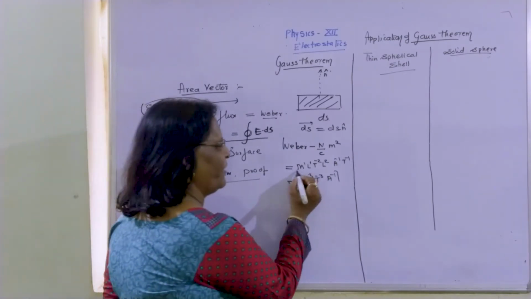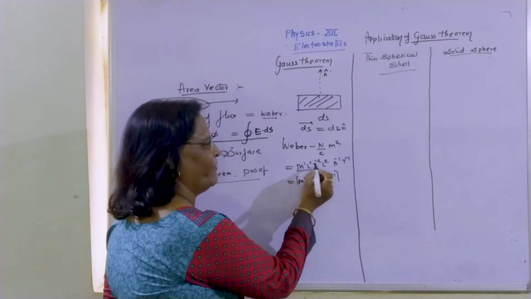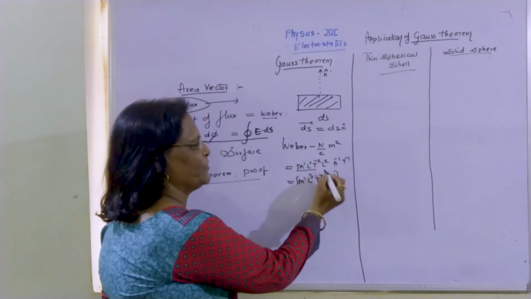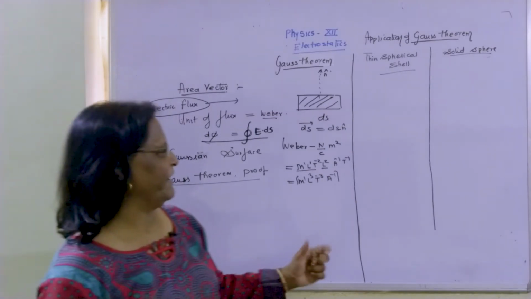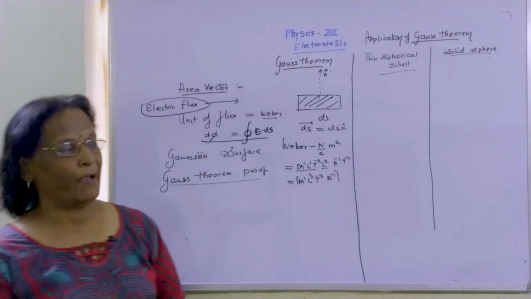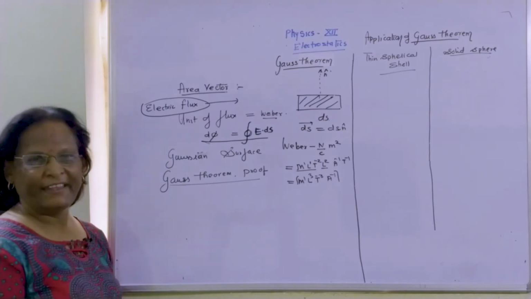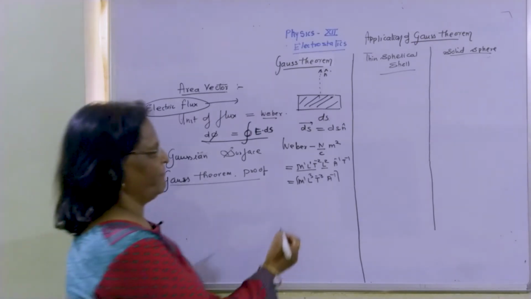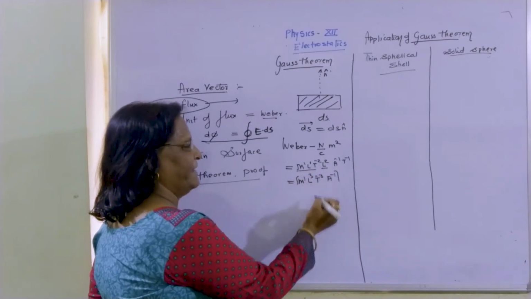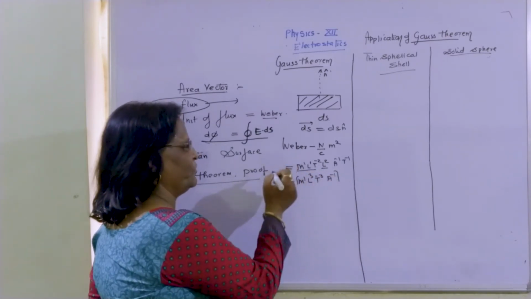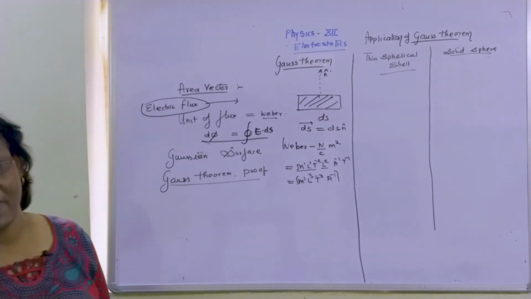Force has dimensions M^1 L^1 T^-2, times meter square, it becomes L^3, and Coulomb is A T. When it is taken as denominator, it becomes A^-1 T^-1, and finally when we simplify, M^1 L^3 T^-3 A^-1. So that gives the dimensional formula for electric flux.